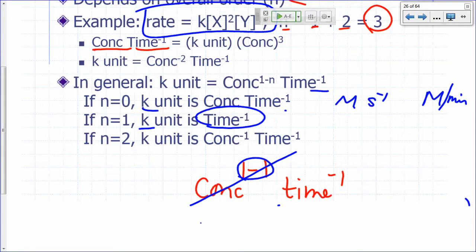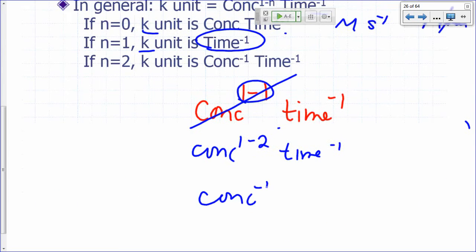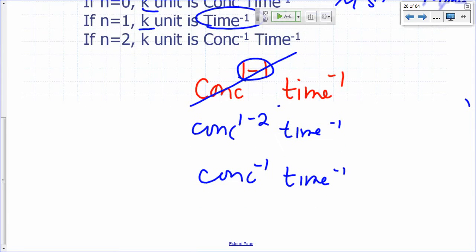If it's second order, then concentration raised to the power 1 minus 2 times time raised to the negative 1 would give me concentration to the negative 1 per unit time. So what would be an example of a second order rate constant unit? It could be reciprocal molarity per unit time.